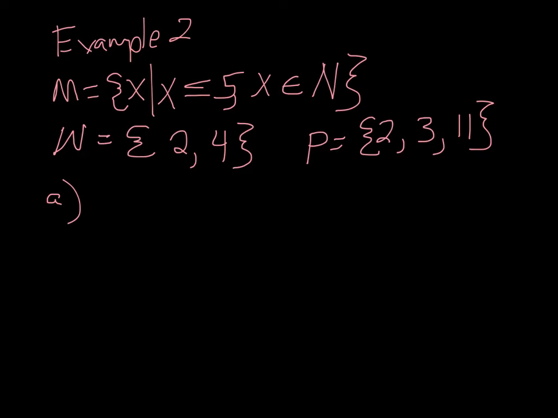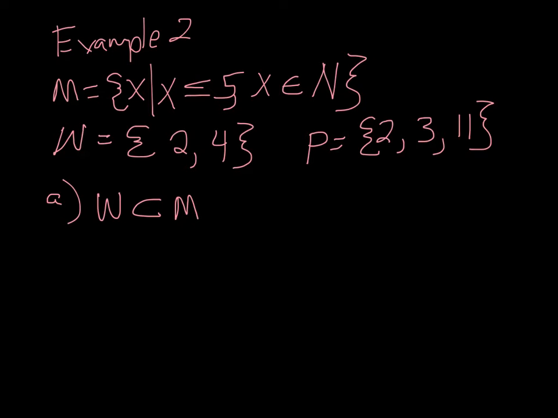Well, a subset means every element of the first set is an element of the second set. And we can see that W, 2 is a natural number less than 5, and 4 is also. So W is a subset of M. Okay?